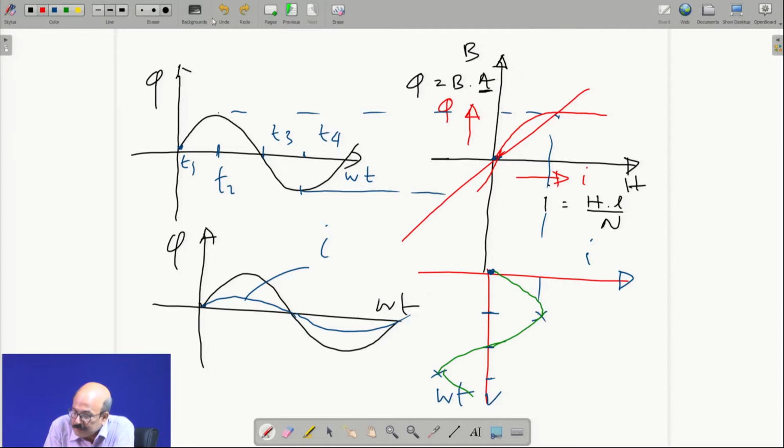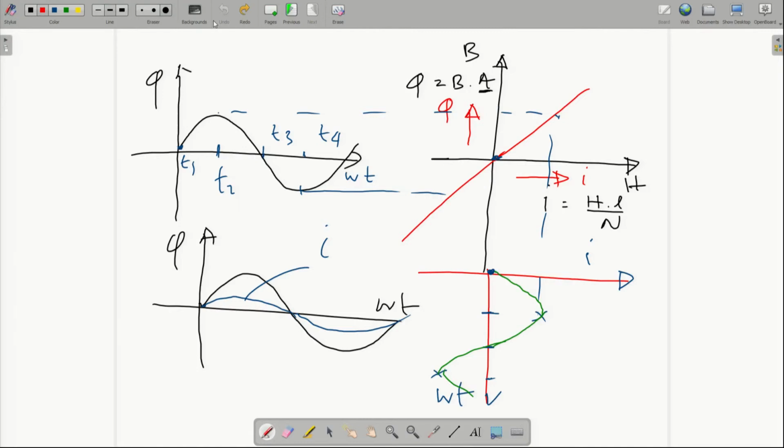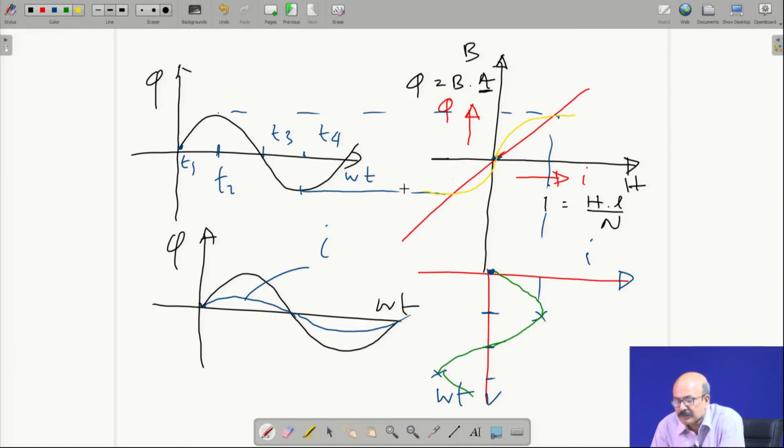I can put it in a different color. So, suppose we consider the non-linearity, then this will be something like this, and this will be something like this when we consider the non-linearity.